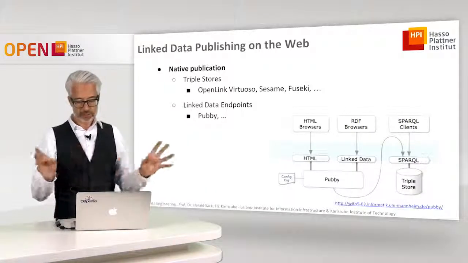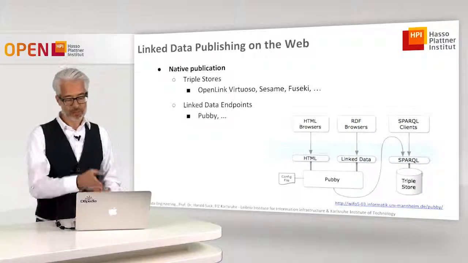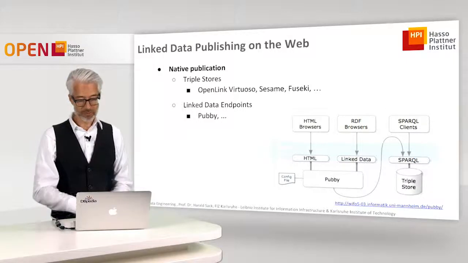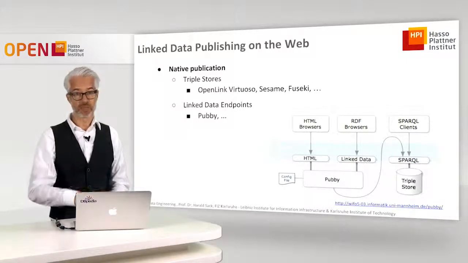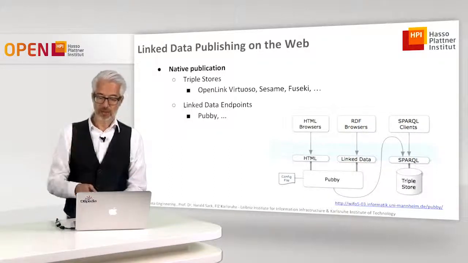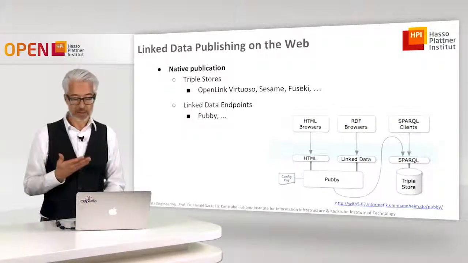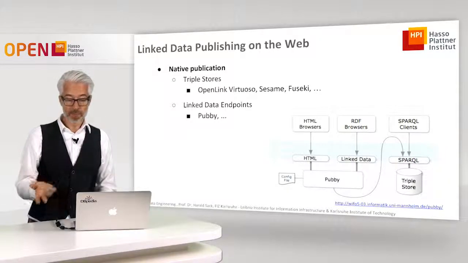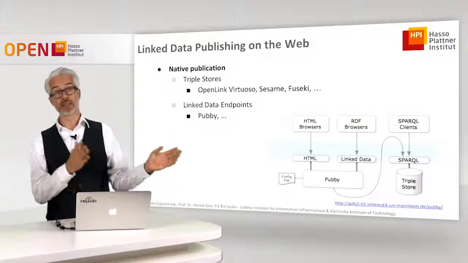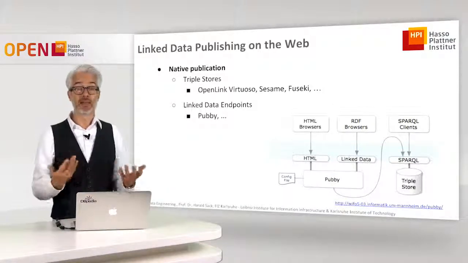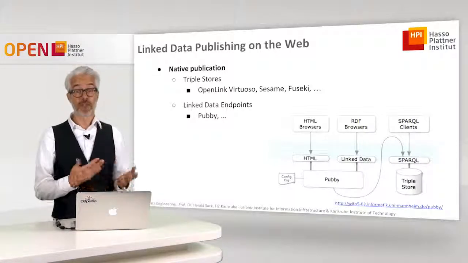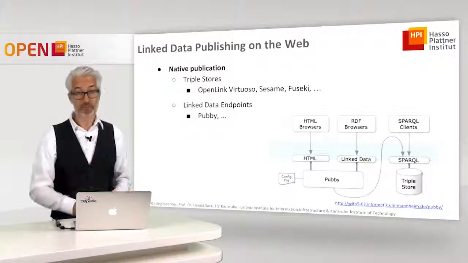Okay, on top of your SPARQL endpoint, you can put one of these linked data interfaces we have talked about. So here you see, for example, this Puppy interface, and you also have a link to it, which does nothing else than access the triple store via SPARQL, but on the other hand, provides two interfaces, an HTML interface and a linked data interface, that then in the end delivers data in HTML or in RDF for the applications which make use of the data.